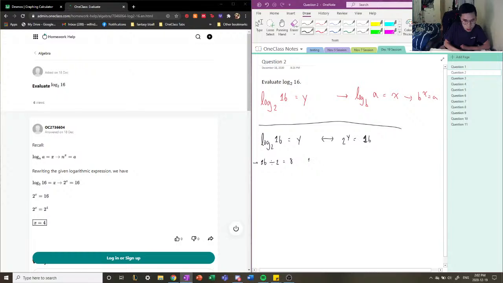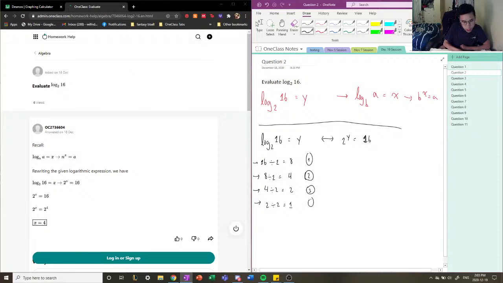I'm going to label this 1. If we were to divide 8 by 2, we would get 4. So that's a second 2 that fits within 16. If I were to divide 4 by 2 again, we'll get another 2. And if we were to divide 2 again by 2, we get 1.